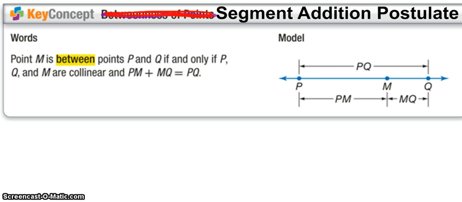This is very similar to the concept of between that we took in our notes earlier. We're taking this part plus this part, and it equals the whole thing from here to here.